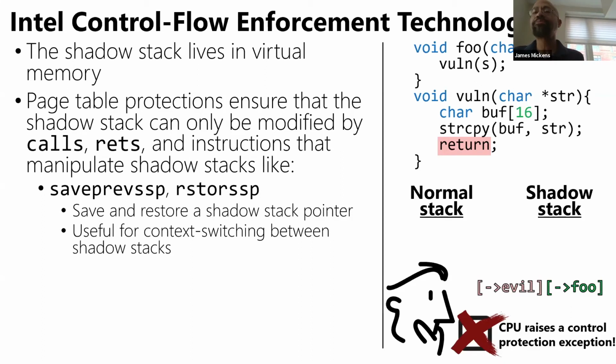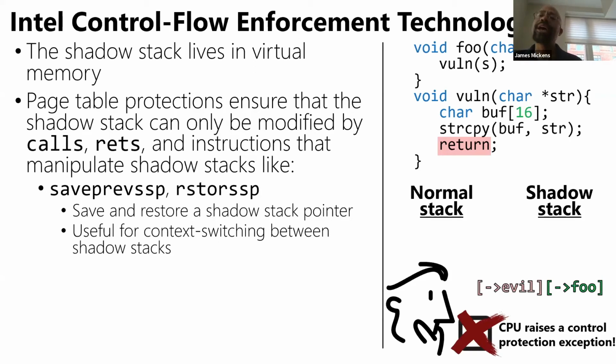and the shadow stack. But there are also some shadow stack management instructions that have to be able to manipulate the shadow stack. An example of those are these two instructions here: save previous shadow stack pointer and restore shadow stack pointer. These are useful for context switching between shadow stacks.